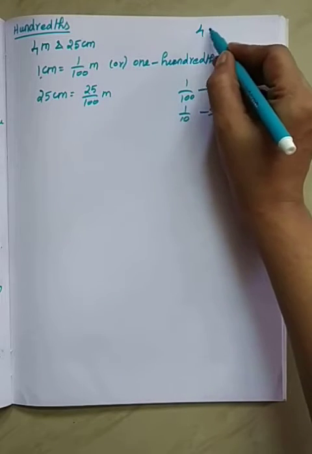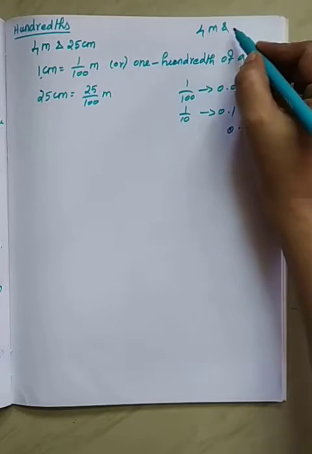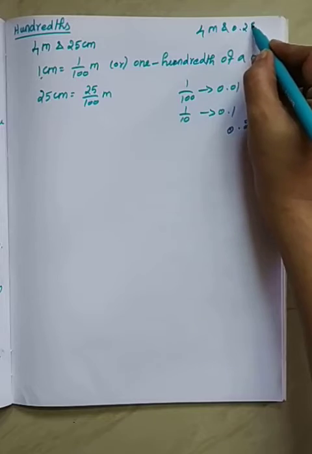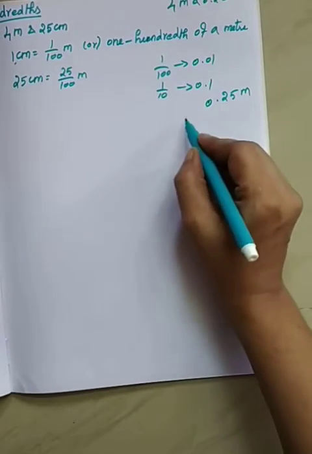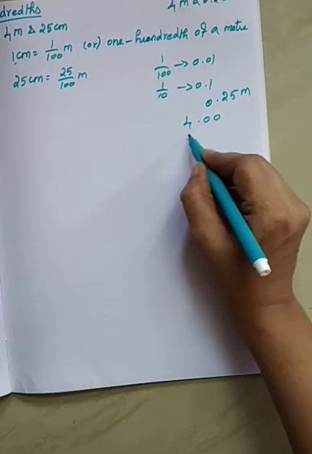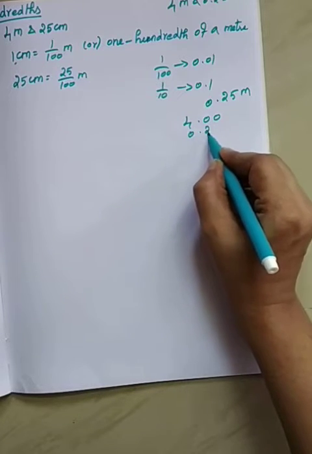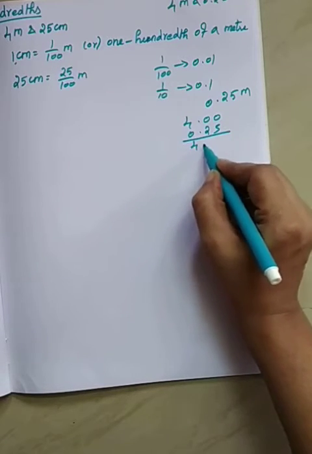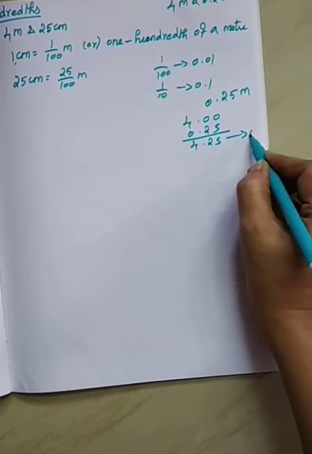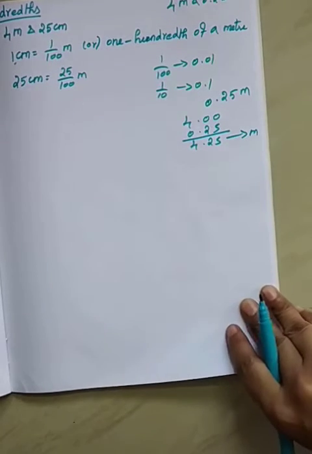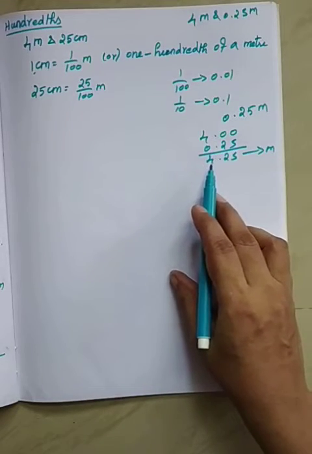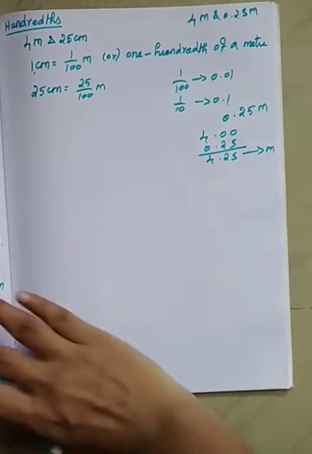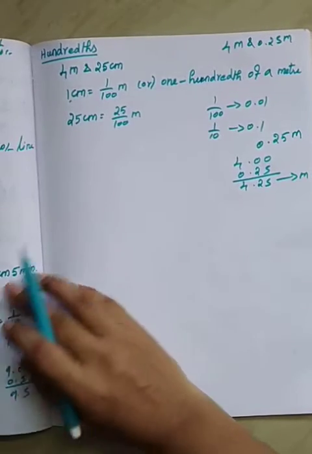So 4 meter and 0.25 meter, now you can add. What will you get? 4.00 plus 0.25 means 4.25 meter. Okay, David's room is 4.25 meter. Everybody clear in this concept?